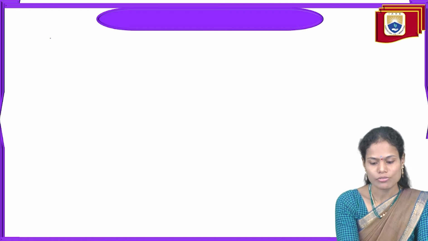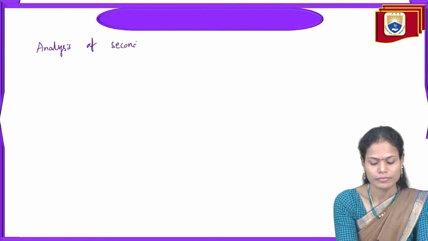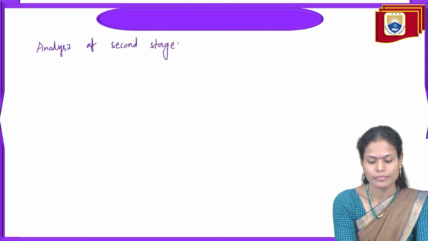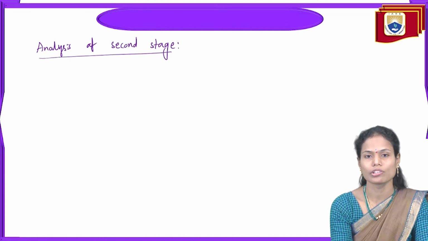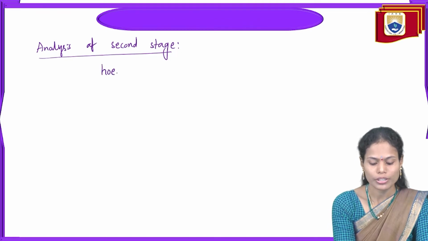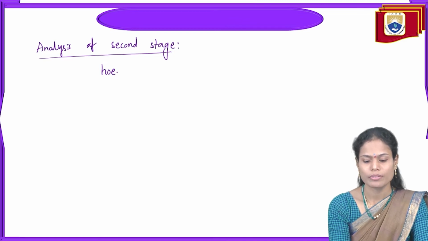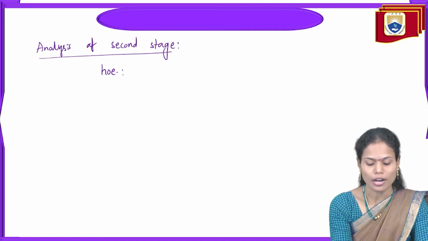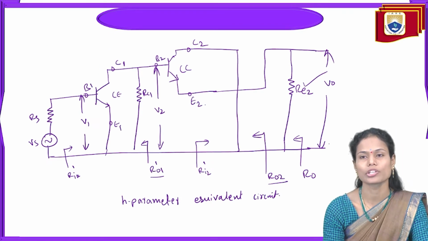So in the analysis of the second stage, first of all, we have to calculate the value of hoe into the output resistance. So here hoe into the output resistance of the second stage is RE2 here. Why? Because in this circuit, the resistance RE2 is there.